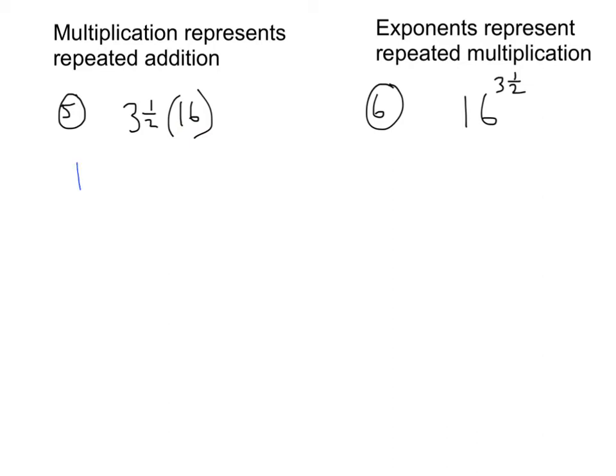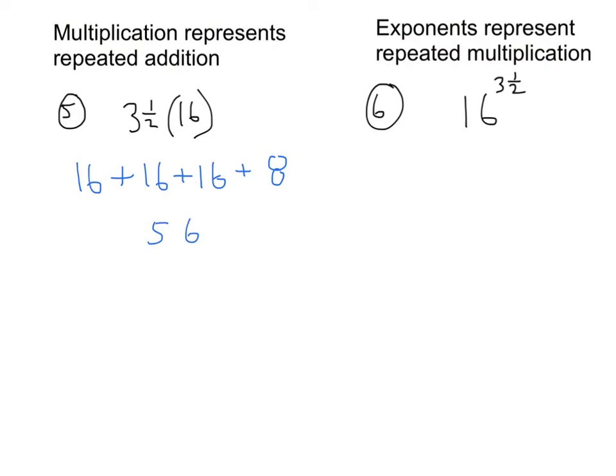That's one group of 16, plus a second group of 16, plus a third group of 16, and then I need to add half of 16. Half of 16 is 8, which makes sense because 8 plus 8 is 16. So it's 3 groups of 16 and then half of 16. If you add all that up, that is 56.